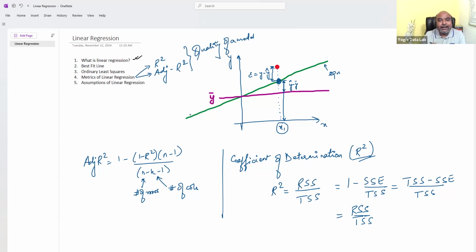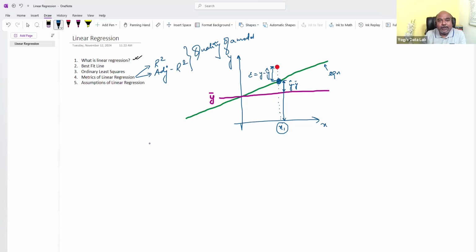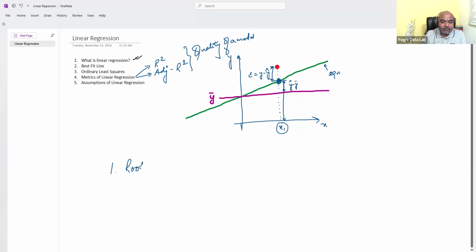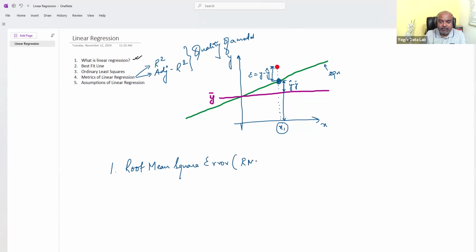However, we haven't yet talked about the errors in the data or how we measure the errors. So let us talk about that. Now, to measure the errors, there are a couple of methods. One of the most commonly used methods is known as the root mean square error, also known as RMSE.